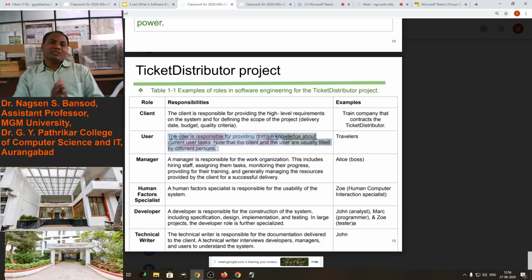Their user and client are different. User and client are different. Their conductor will become a user, and the client may become a manager of that user. Such a situation we can face in various organizations.